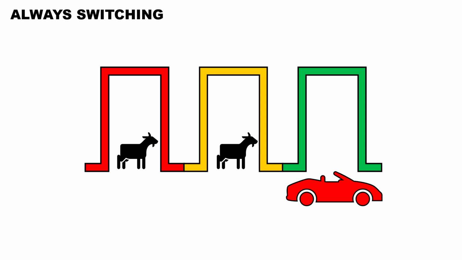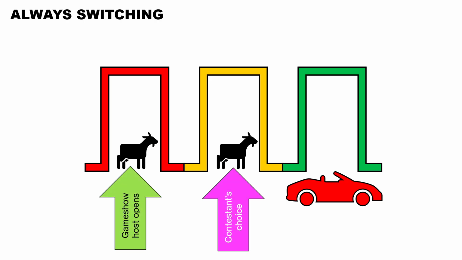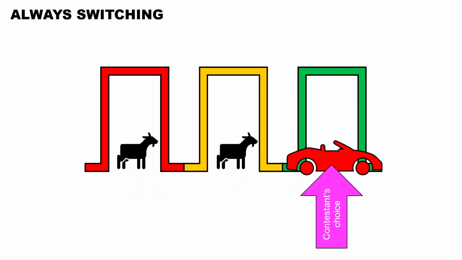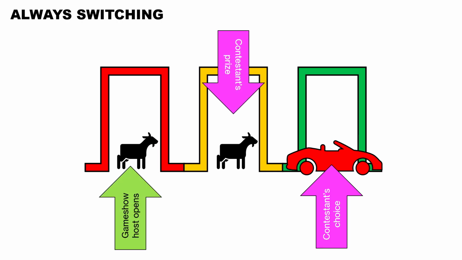Similarly, if you'd originally chosen the second door, Monty Hall would open the first door, you would switch to the third door, and you'd win the car. Finally, if you'd originally chosen the car, then Monty Hall could open either the first or the second door, and you'd switch to the unopened door and you would win the picture of the goat.